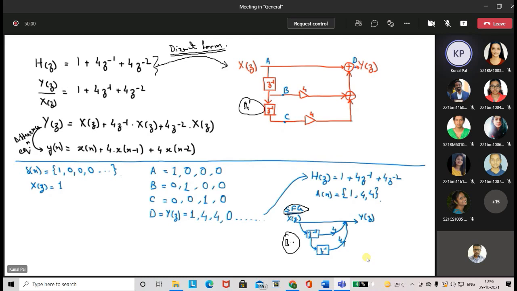But if I ask you to plot the signal flow graph, then you have to use diagram B, and if I ask you to realize the filter, then diagram A should be made.